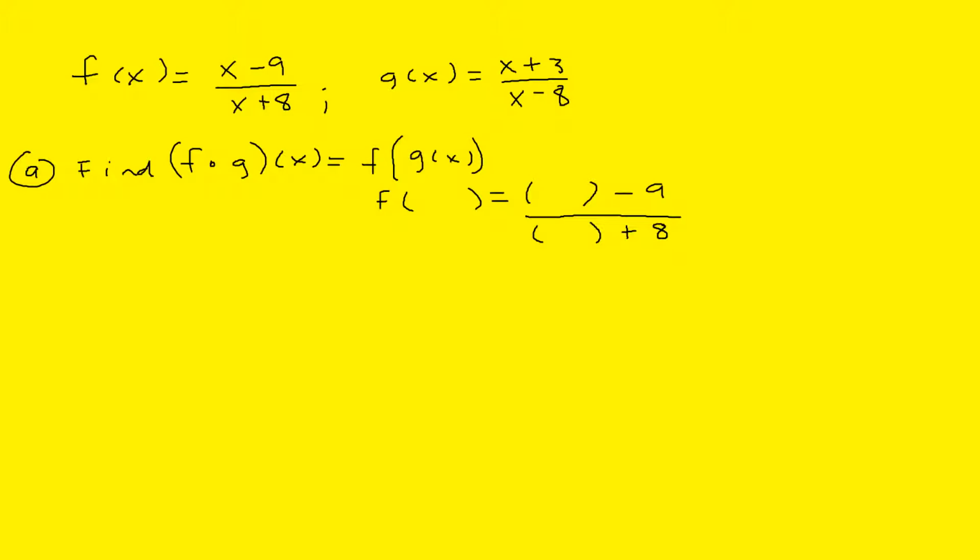In this case, that thing is g of x. So this g of x here, of course, is going to go right down into there. So x plus 3 over x minus 8, minus 9, all over x plus 3 over x minus 8, plus 8. That's f of g of x.